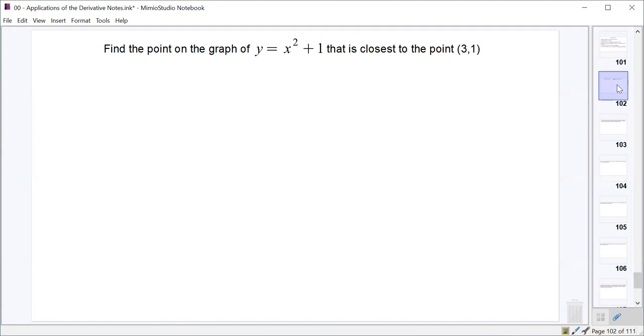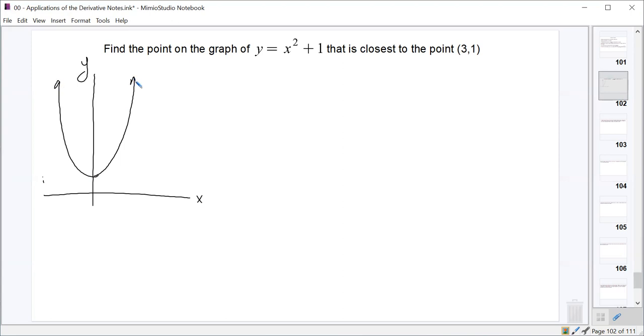The first thing we'll want to do is draw that picture. Here's a pretty crude sketch of what y equals x squared plus 1 looks like. We should know what that looks like: it's just a parabola that's been shifted up 1 unit. And then we have the point (3, 1).